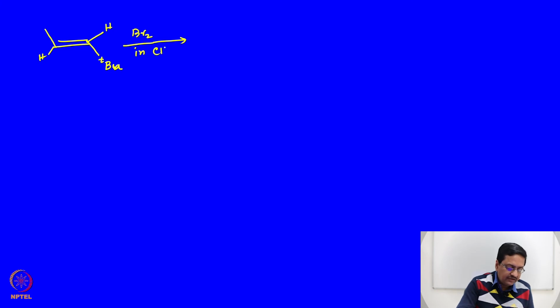So let us see how this reaction proceeds. As we all know, the addition of bromine to a C=C double bond goes through a cyclic intermediate called the bromonium ion. The first step of this reaction is the formation of the bromonium ion, as I am trying to show here.